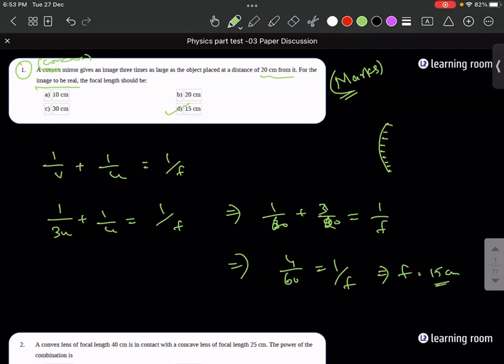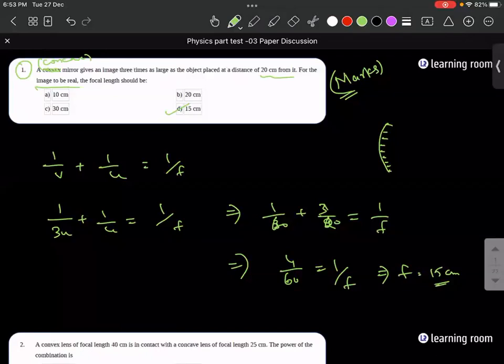And actually the question should have been concave lens. Okay, because there are two things here. One is convex lens can't form a real image. Secondly, convex lens can never form the magnified image also. So there is a mistake, but still if you take it as concave and solve it, you will get the answer as 15. So if at all you get an exam as concave mirror, I hope you understood how to solve it.